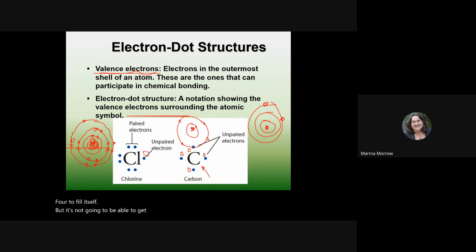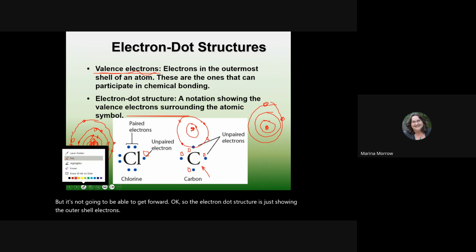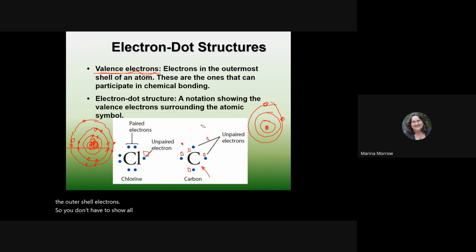Okay, so the electron dot structure is just showing the outer shell electrons. So you don't have to show all the inner shells, just the outer shells. Right? So for chlorine, you would just have 7. For carbon, you would just have 4.